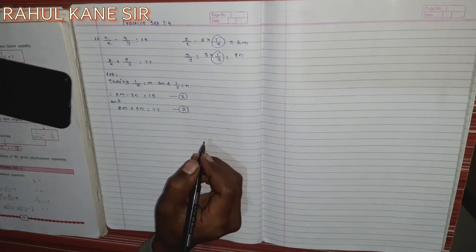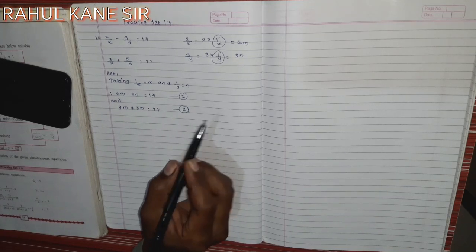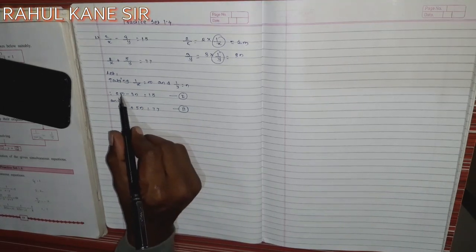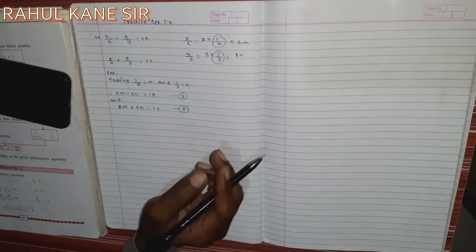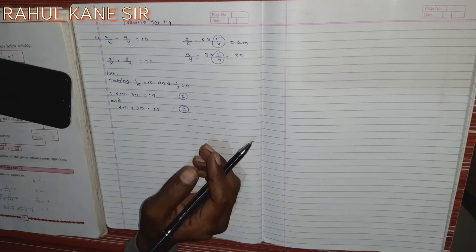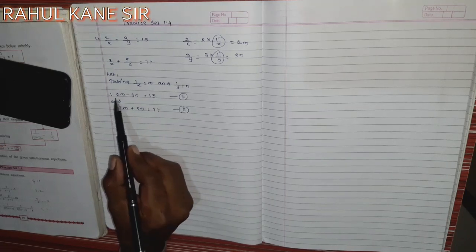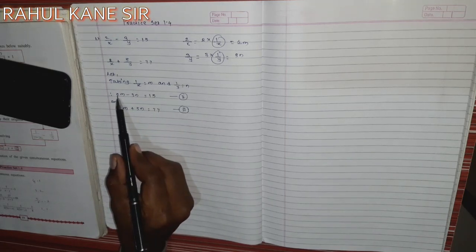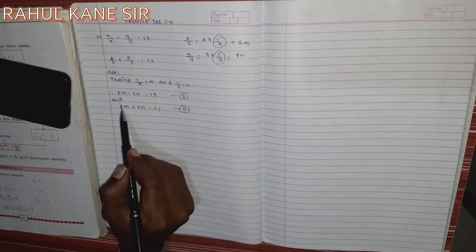To add or subtract any simultaneous equations, we want the same coefficient of any one variable. Here m has a different coefficient and n also has a different coefficient, but it's easy to make the same coefficient of m. If we multiply 2 by 4, then we get 8m.